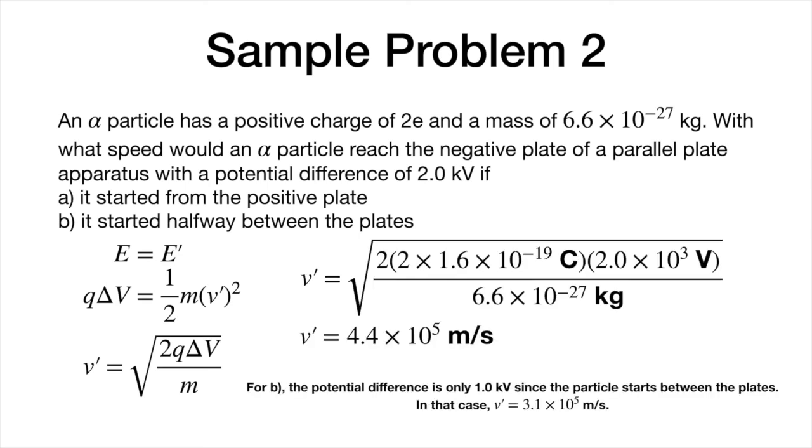If you started halfway between the plates, then your potential difference is only going to be half what the full potential difference is. So if you repeat the calculation with that number, you'll get, of course, a smaller speed, but it won't be half as much of the speed. It doesn't follow that kind of relationship.